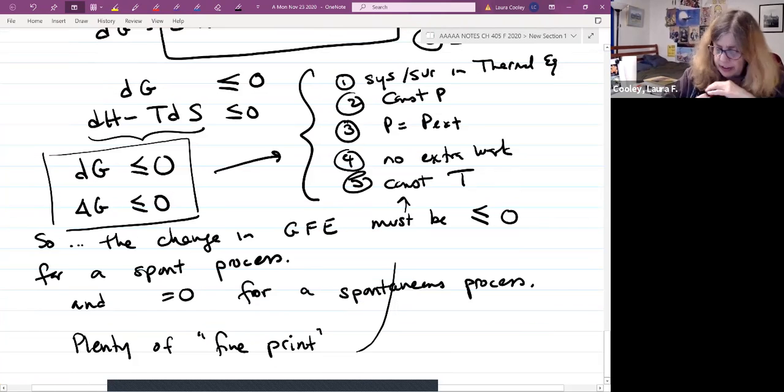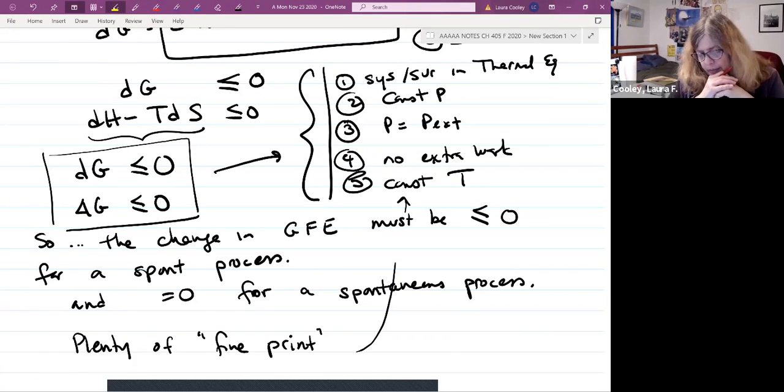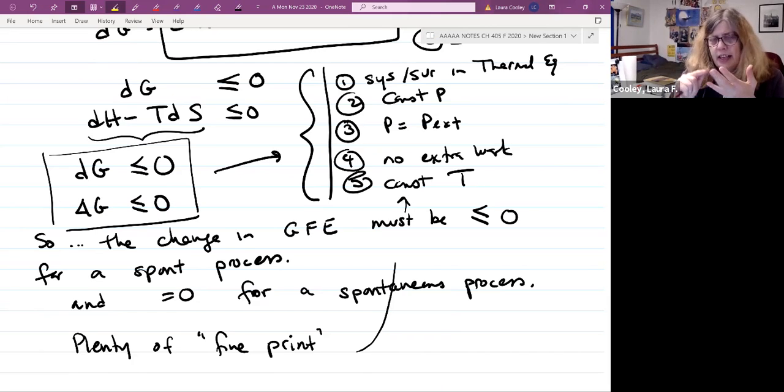So you look at this and you say, oh man, look at all those conditions, right? But you have to remember that Gibbs free energy is made up of enthalpy minus TS. Since temperature, entropy, and enthalpy are all state functions, that means G is a state function.